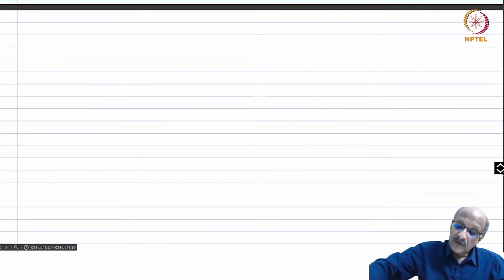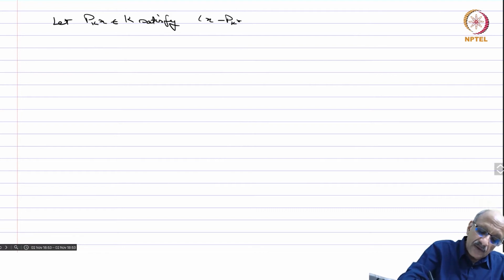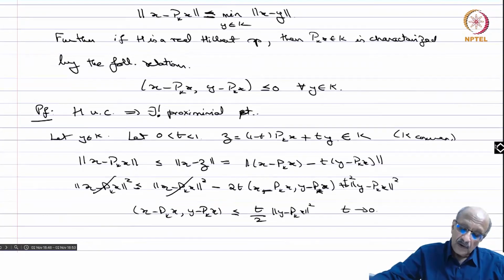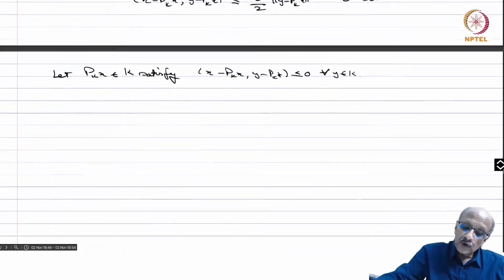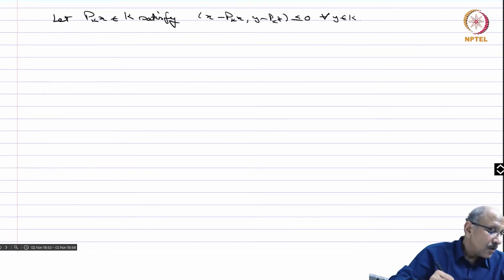So now conversely, let P_K x in K satisfy the inner product of x minus P_K x and y minus P_K x is less than or equal to 0 for all y in K. So that is the condition you have here. Okay, so we are going to assume that condition and show that P_K x is in fact the minimizer.